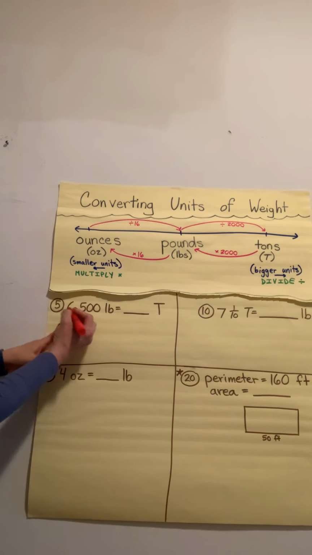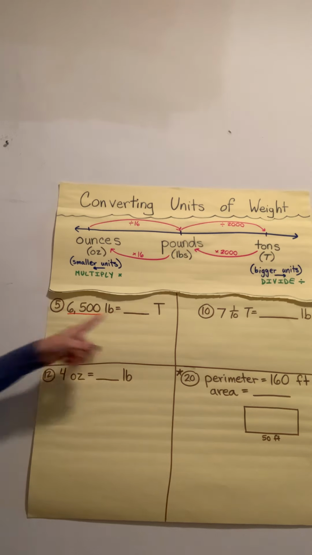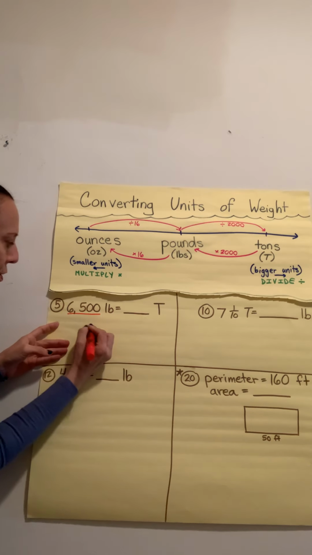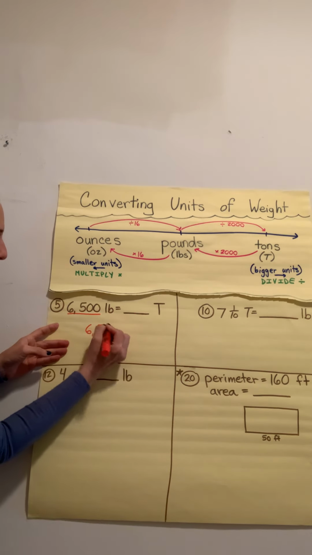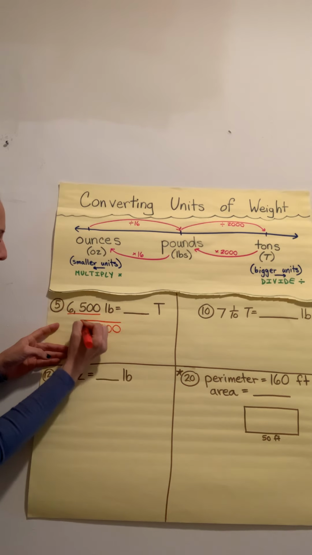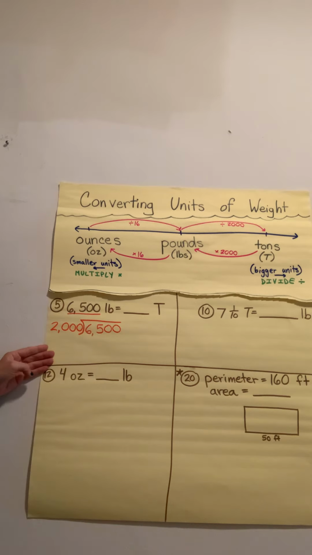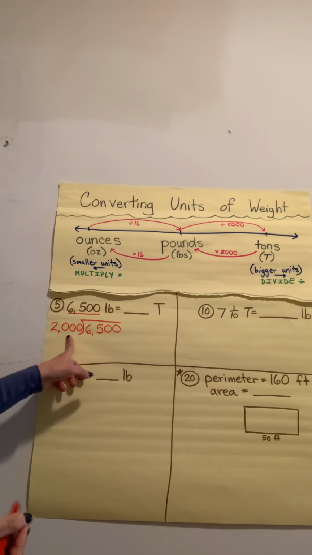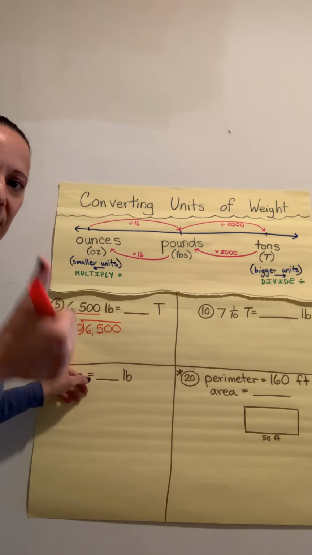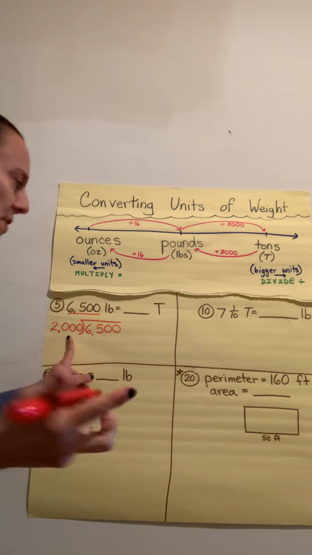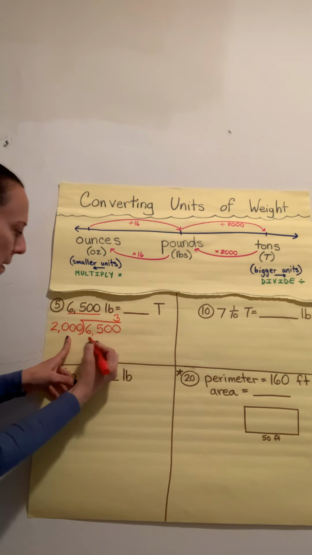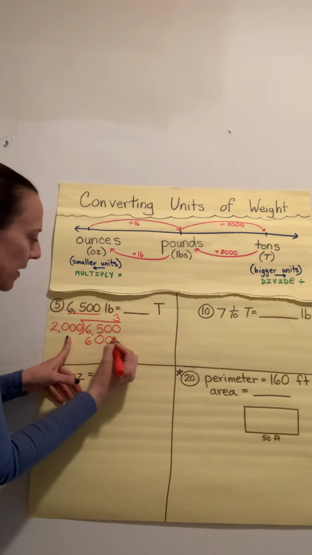So to go from 6,500 pounds into tons, I need to do 6,500 divided into groups of 2,000. Well, gee, I know that it takes 3 2,000s: 2,000, 4,000, 6,000. That's as many as I can make.